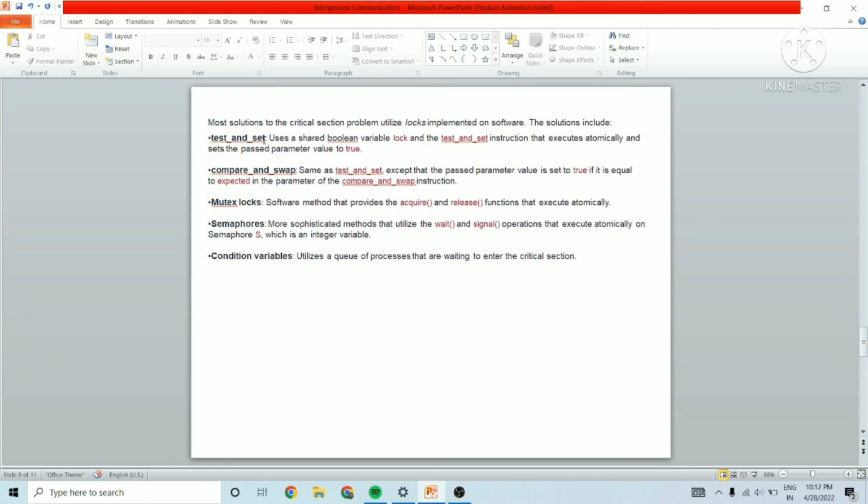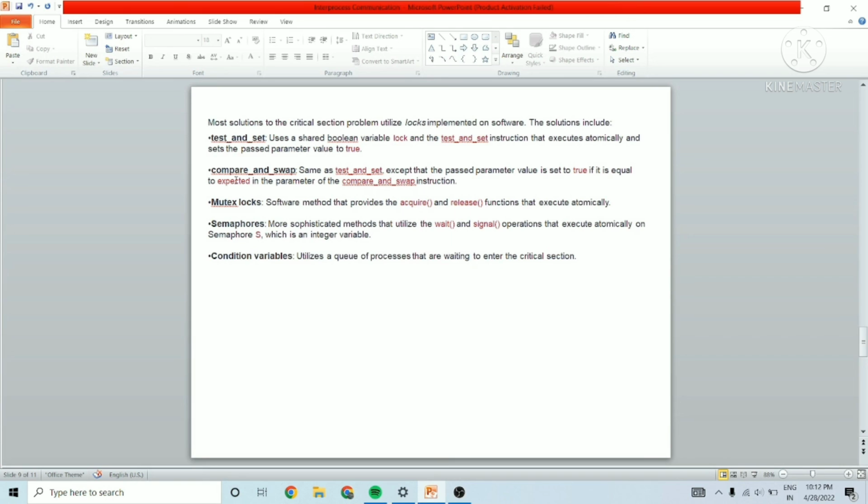Test and set uses a boolean variable lock and a test and set instruction that executes atomically and sets the passed parameter value to true.